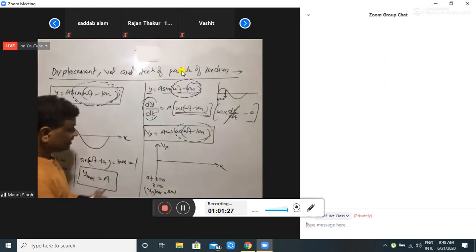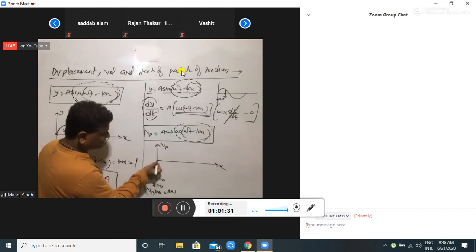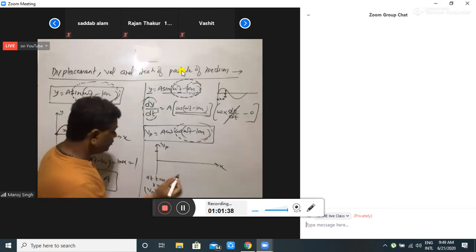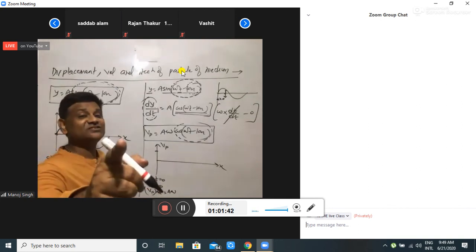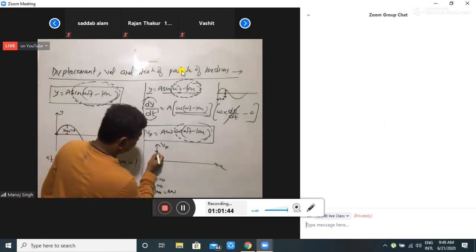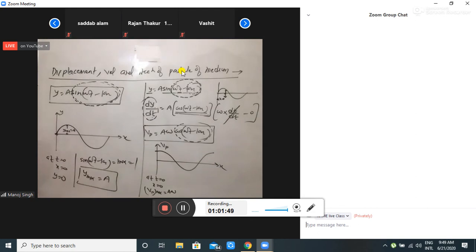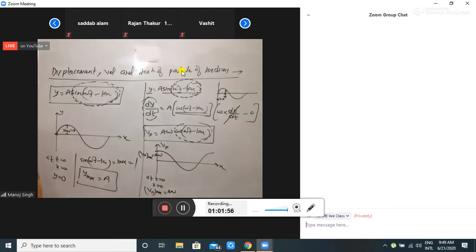So the curve will not start from the mean position, it will start from the extreme position. This is the cos curve. The maximum value of the velocity of the particle is a omega.